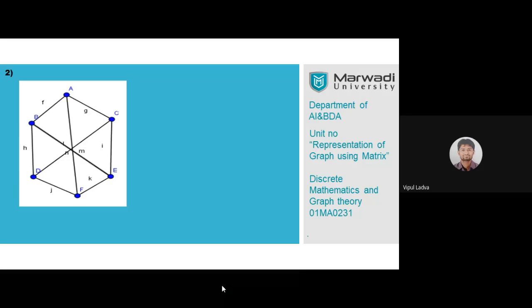The labels of the vertices are A, B, C, D, E, F. 6 vertices are there. We don't actually need to label the edges, okay? It's okay if you're not using that notation related to edges.